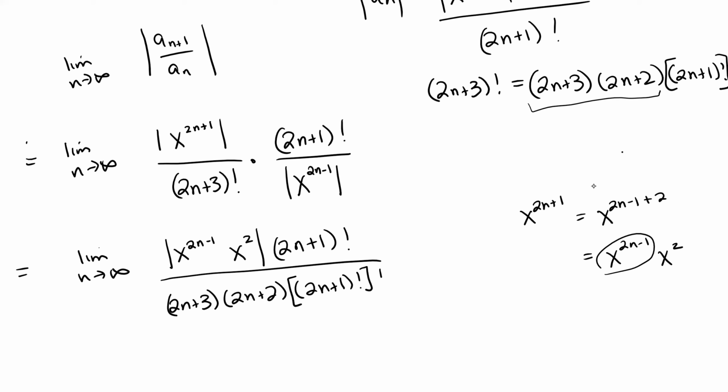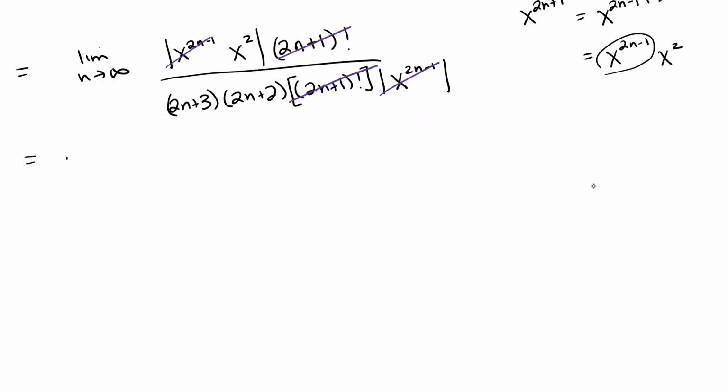And then we have the x to the 2n minus 1. So now we can go ahead and cancel some stuff out. x to the 2n minus 1 cancels. 2n plus 1 factorial cancels. And that leaves us with the limit as n goes to infinity of x squared over 2n plus 3 times 2n plus 2.